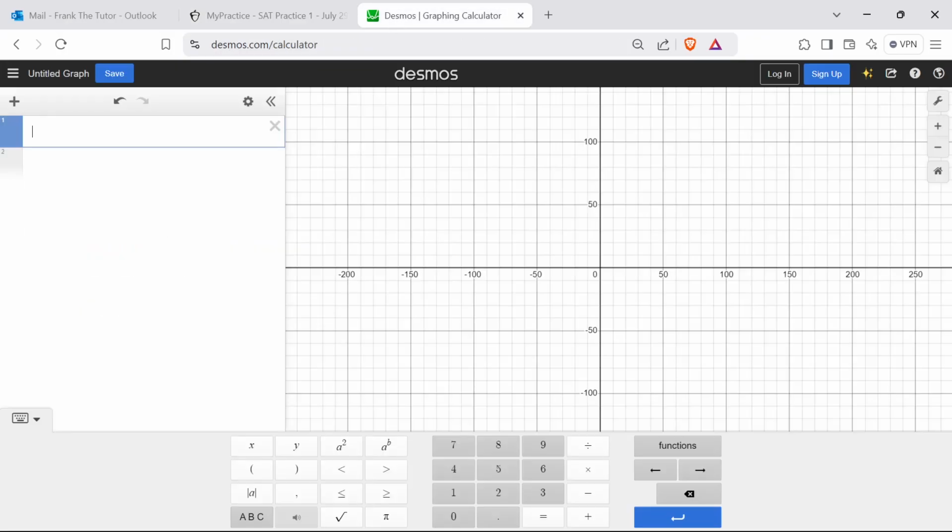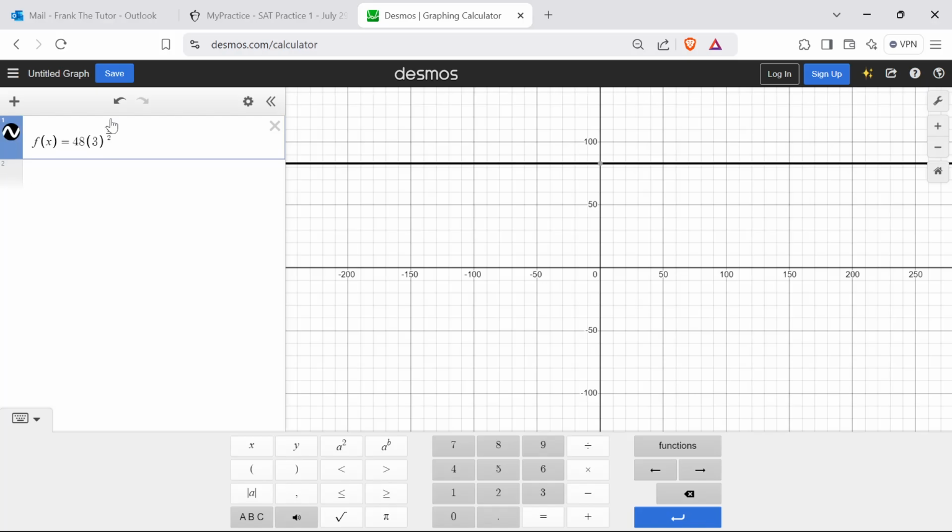I'll go to good old Desmos, and I'll write f of x equals 48 times 3 raised to the 1/2 times x. Well, I'll try x is equal to 1, and then I'll keep increasing it by 2 every time.